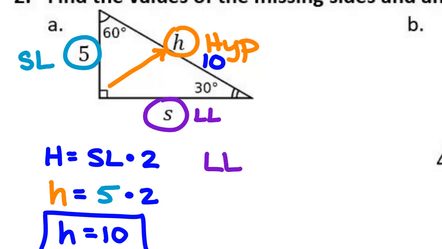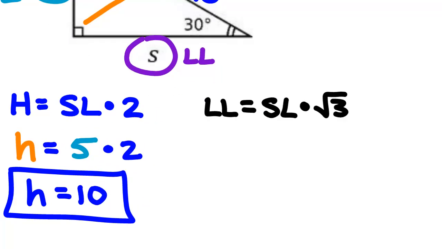And then we need to find the length of the long leg. What was that relationship? Long leg equals short leg times what? Square root of 3, thank you. Long leg equals short leg times the square root of 3. What did they call the long leg on this triangle? S. So S is equal to, what does the right side of the equation look like?